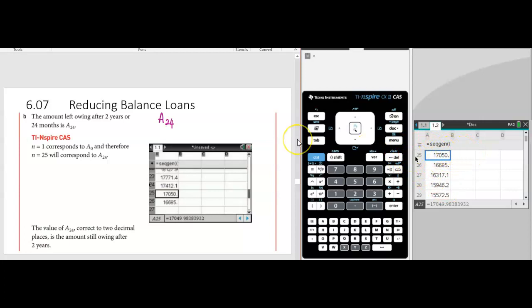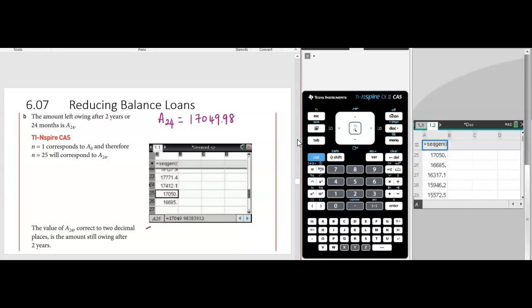The value here will be 17,049.98. So Erica owes 17,049.98 after 2 years.